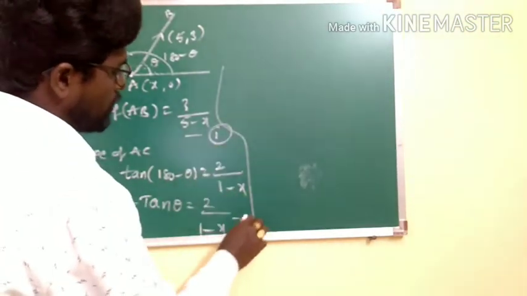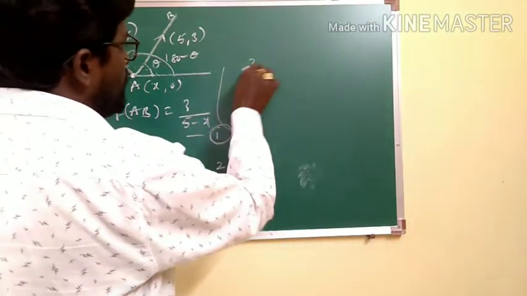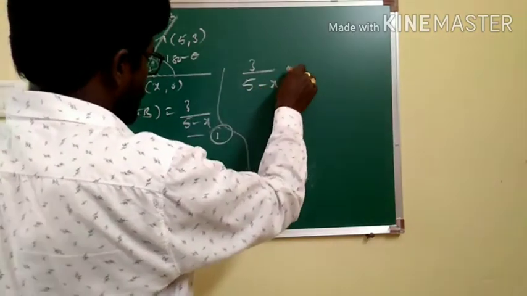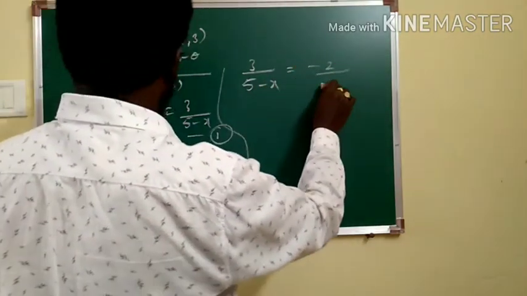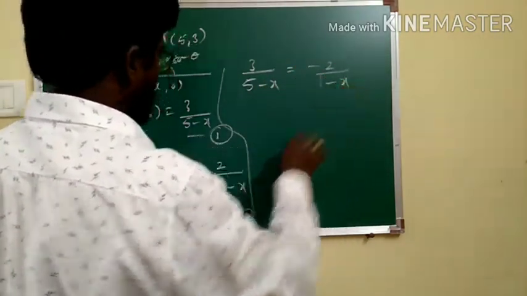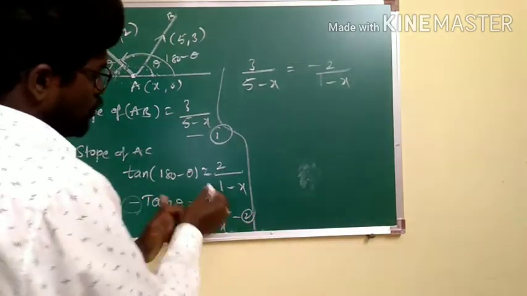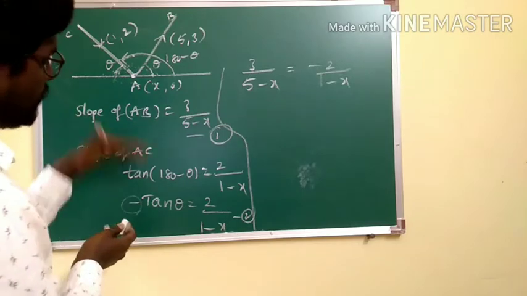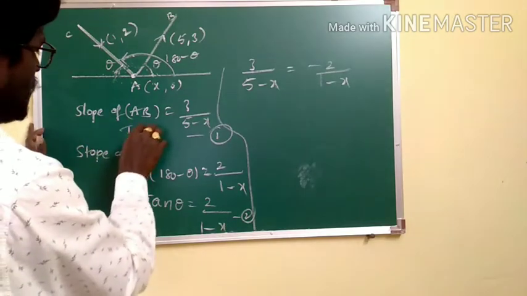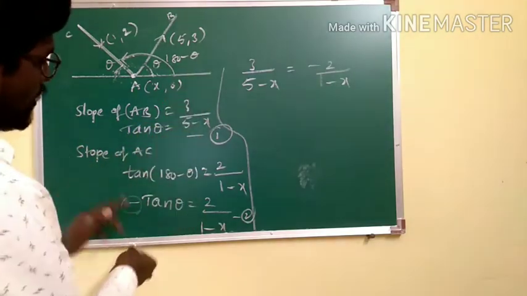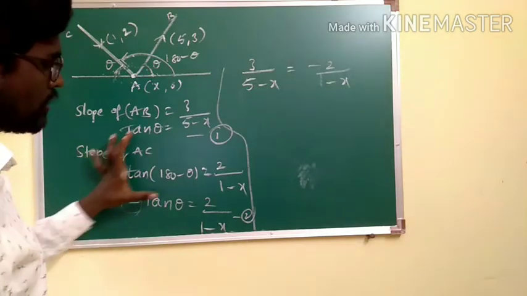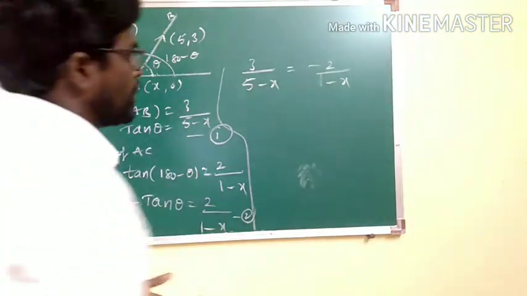According to the concept, these two must be equal. 3 by 5 minus x is equal to minus 2 by 1 minus x. Anyway, on taking this minus to the other side, minus 2 by 1 minus x, the left hand sides are going to be equal. Here you have a tan theta, and here we have tan theta. Both LHS are equal, so the RHS will be equal.